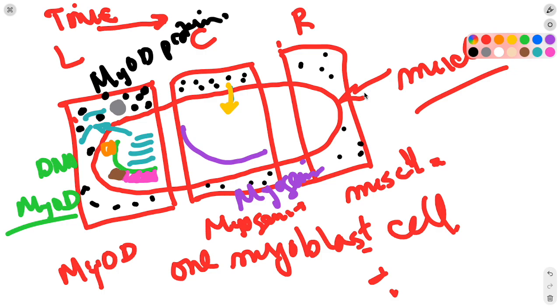So the MyoD is going to go into the nucleus. It's got to get back inside the nucleus, and it's going to bind. Here's the MyoD protein, and it's bound to the enhancer of the myogenin gene. And so you should take time to color in. We've got the myogenin gene, so it's got a transcription unit, and it's got a promoter. It's got this enhancer.